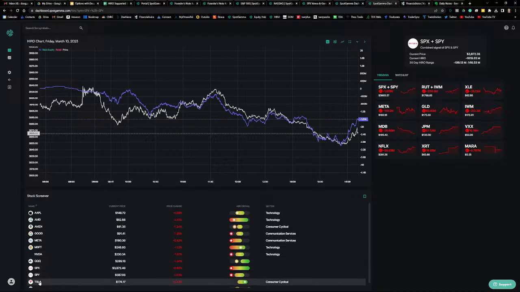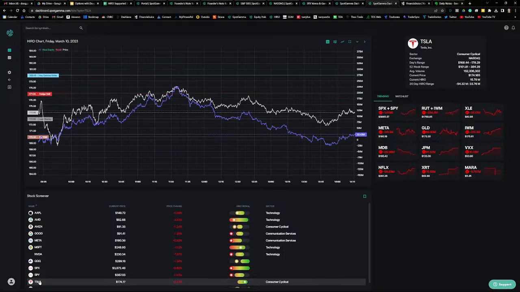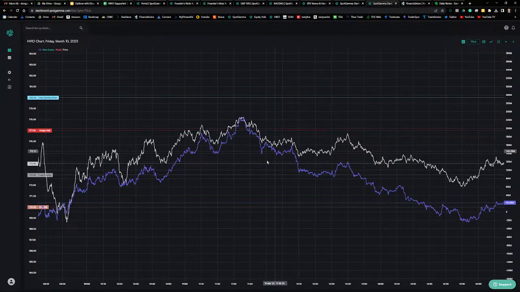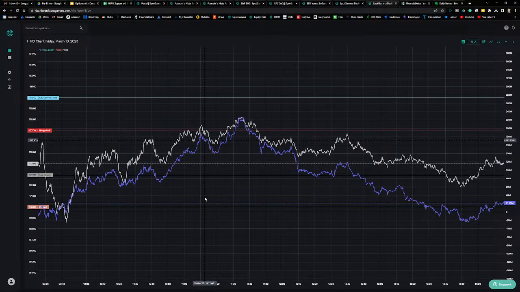This is going to illustrate the difference between the S&P 500 and single stock. Tesla is the stock that I look at most often for a very strong correlation between options trades, hedging flow, and price action.